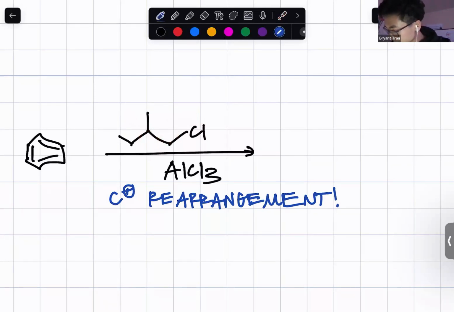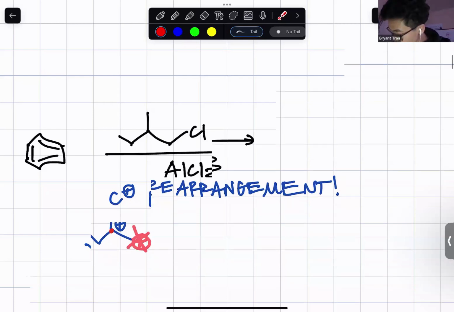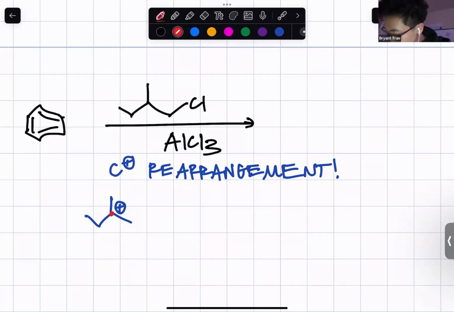So we know that the intermediate is going to have a positive charge on that more substituted position right here. This carbon right here, which I'm going to dot as a red dot. It's not going to be this position because that's the less stable, less substituted carbocation. And now, since I dotted that carbon, I'm going to star one of the carbons of the benzene.